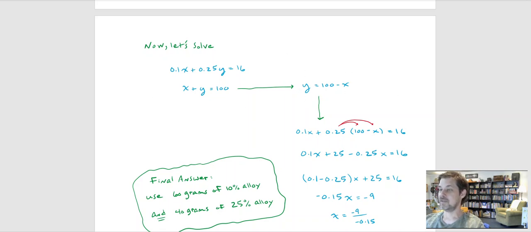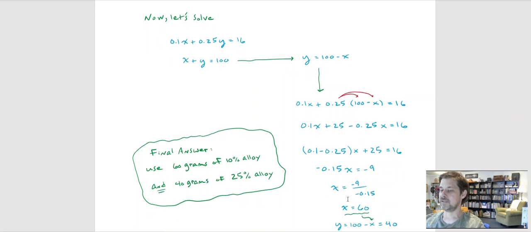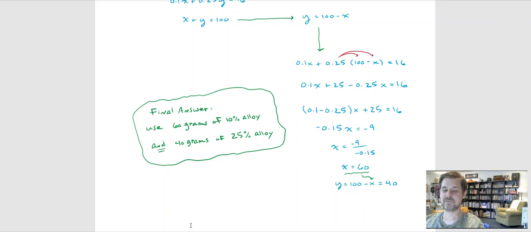I think this one would be easy to use. If X is 60, I could plug it in right there and figure out what Y is. So Y is 100 minus X. If X is 60, Y is 100 minus 60. That makes it 40. So I want 60 grams of the 10% alloy and 40 grams of the 25% alloy. That's how we'll solve it.